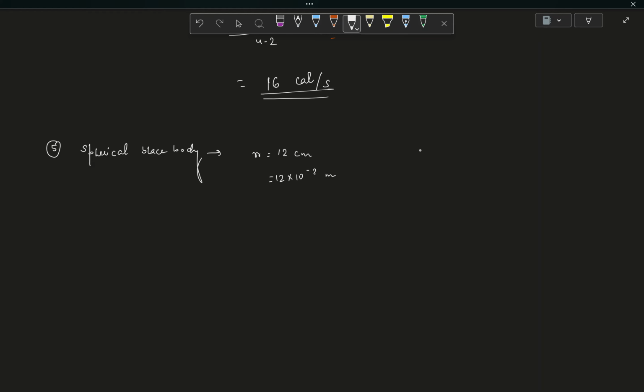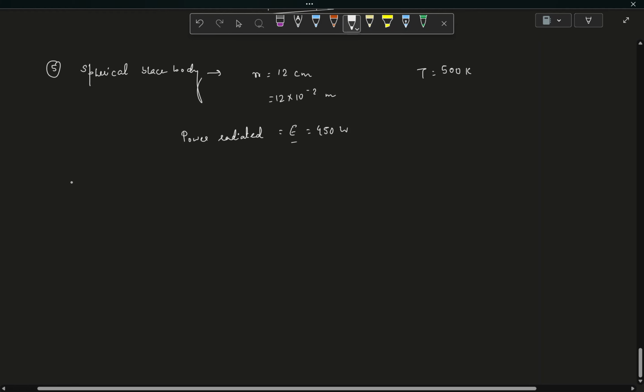And the temperature of this body is right now 500 Kelvin, and the heat power it radiated, power radiated, we denote it by E equal to 450 watt.